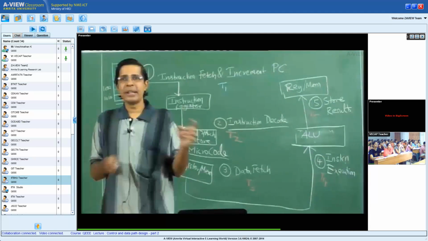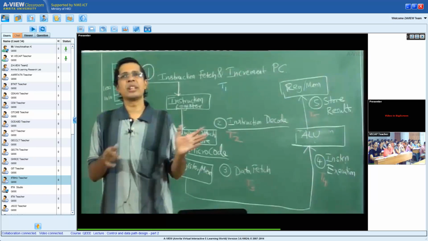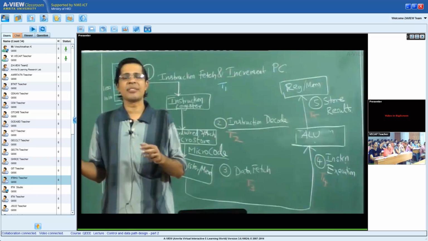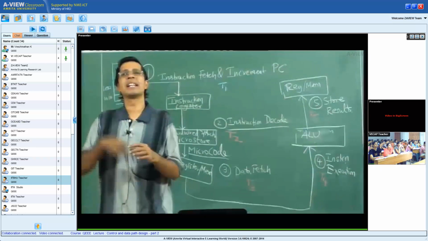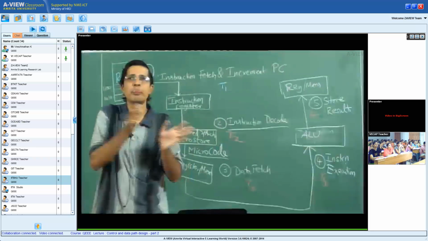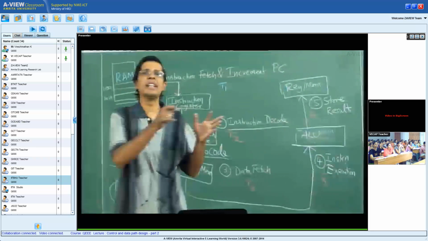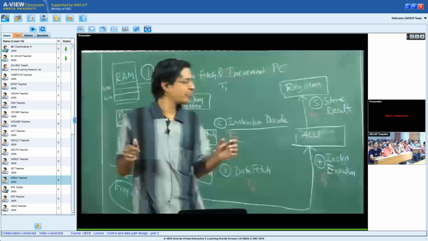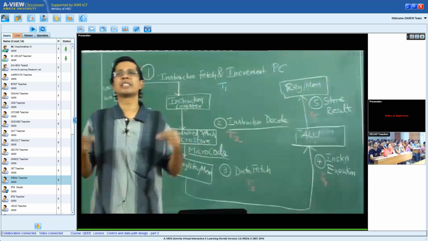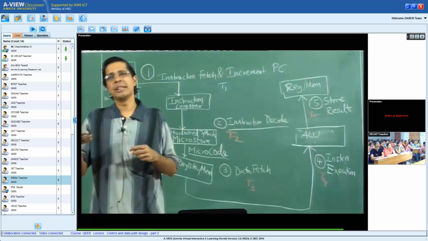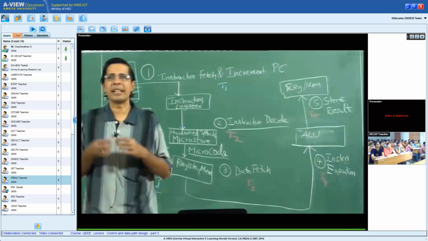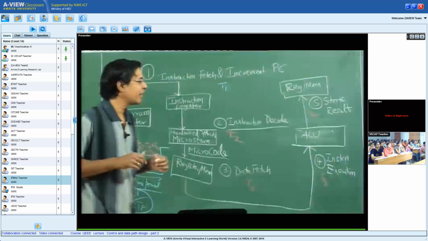Now by partitioning this and giving each activity to a different person, on the 4th day I get the first car, and on the 5th day I get the second car. This basic concept forms the basis of pipelining. So let me explain this.